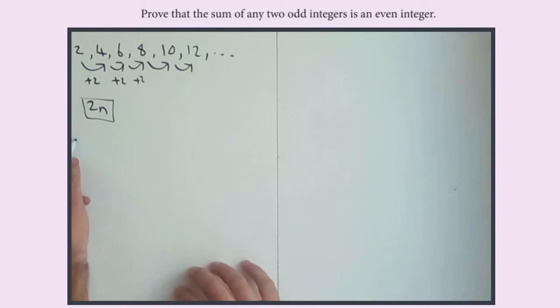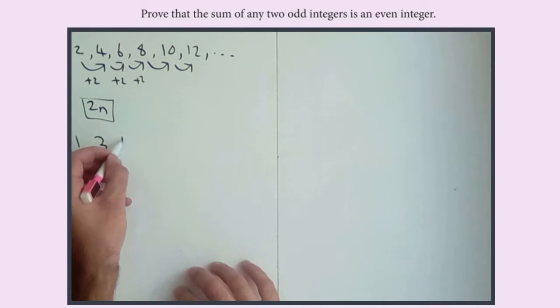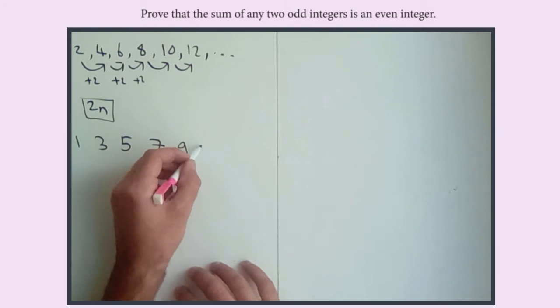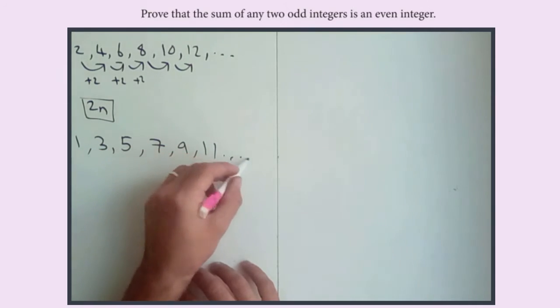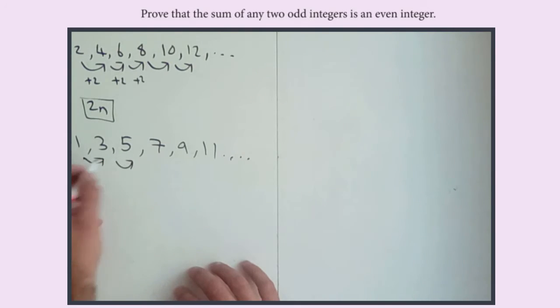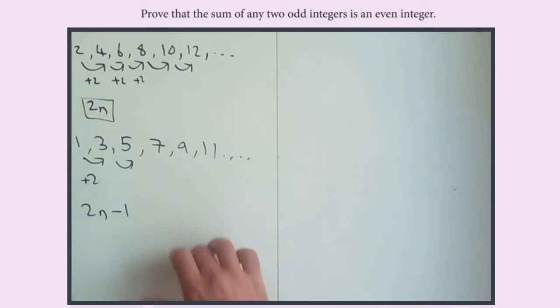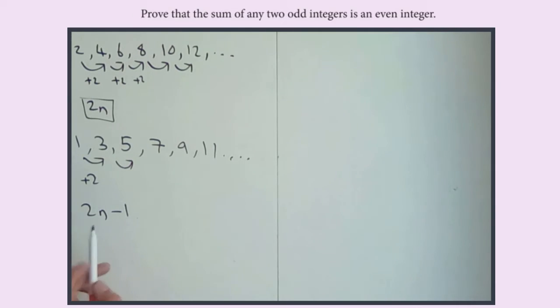If it's asking about any odd number, if you think about the odd numbers, 1, 3, 5, 7, 9, 11 and so on, think about the nth term of the odd numbers, well, it's still a 2n. So it's still 2n, but it's 2n minus 1 in this case. So if you had an integer n, for whatever n was, as long as it was an integer, if you times it by 2 and take away 1, it would give you an odd number.